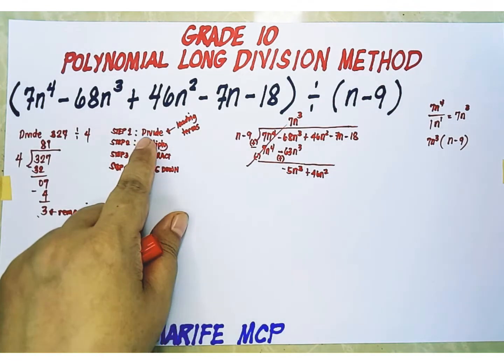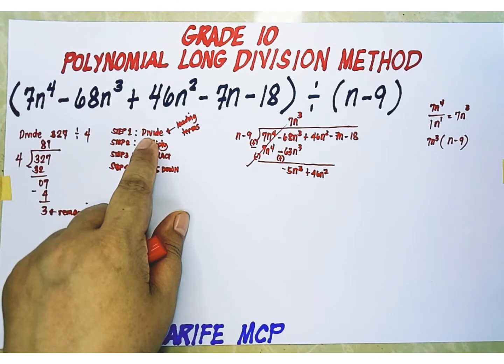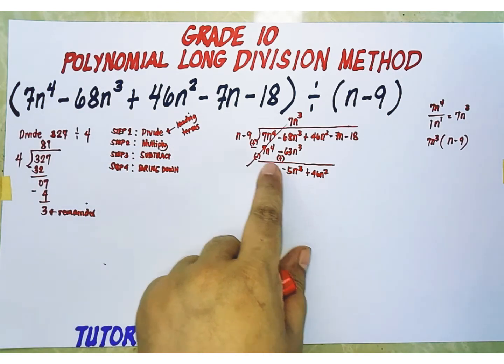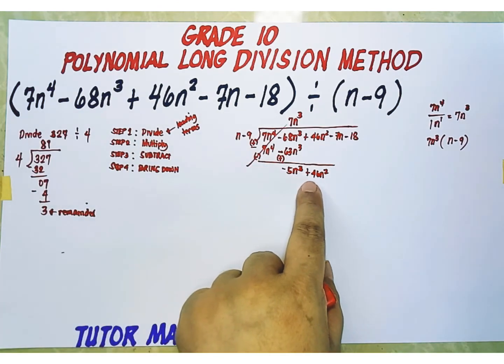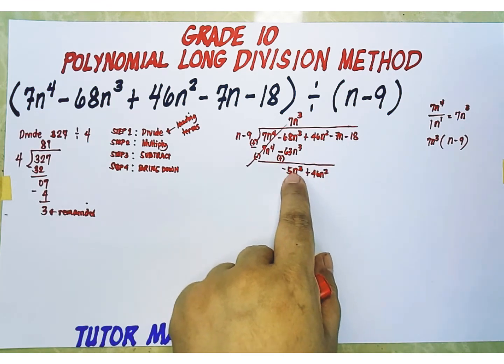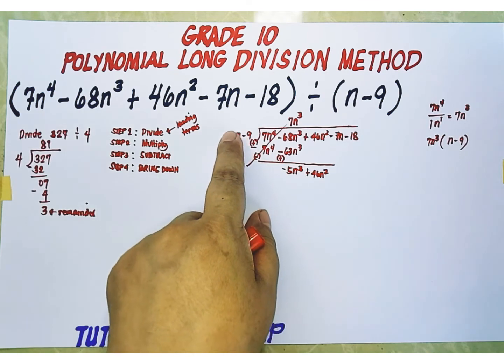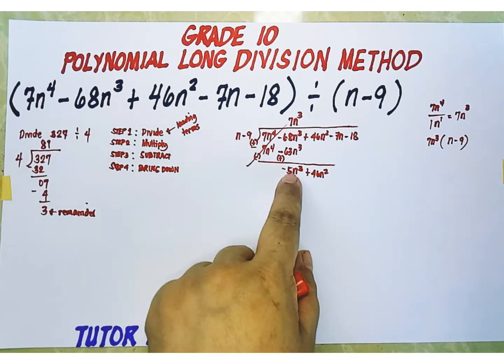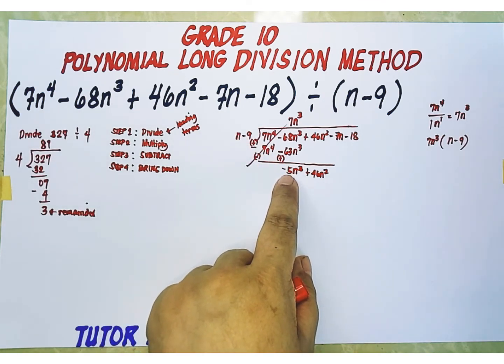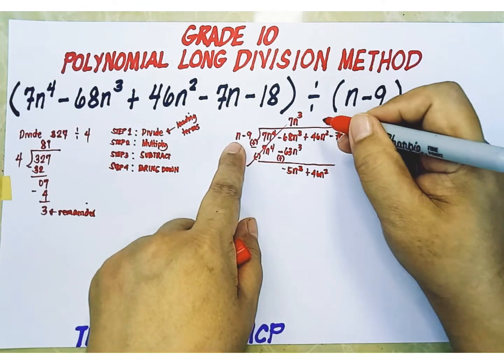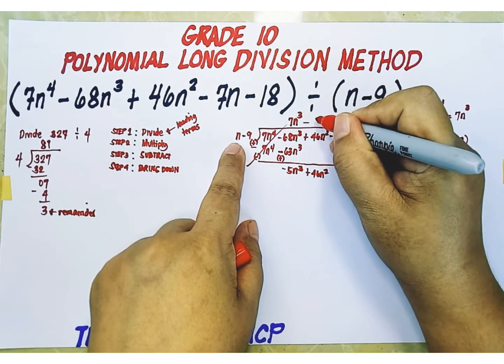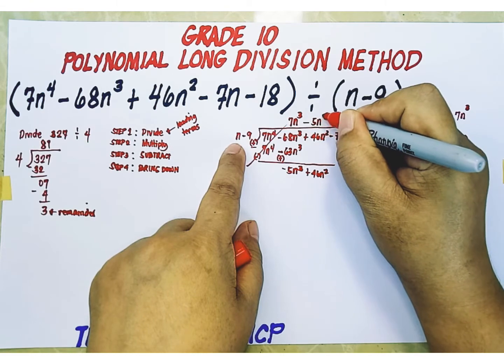Okay, so we go back to division. Remember, we only divide the leading terms. So, dito, sa new dividend natin, ang leading term ay ito. Ito pa rin ang leading term ng divisor. Yan lang ang i-divide mo. Negative 5n cubed divided by n is negative 5n squared.